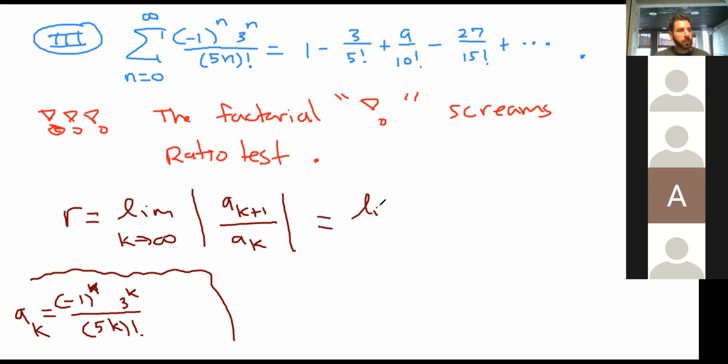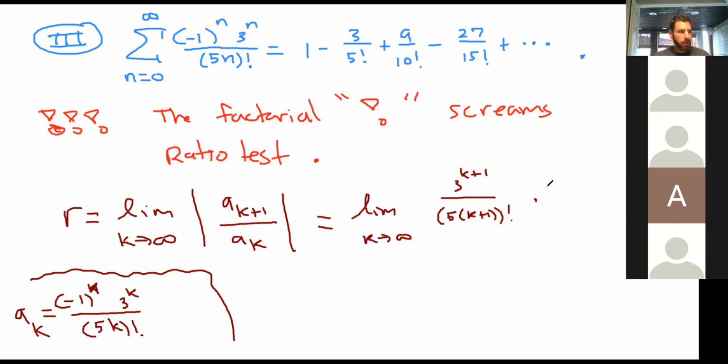This becomes the limit as k goes to infinity of 3 to the power k plus 1. This is the k plus 1 term, over 5 times the quantity k plus 1. And then this is times, now I'm going to take the denominator and flip it.